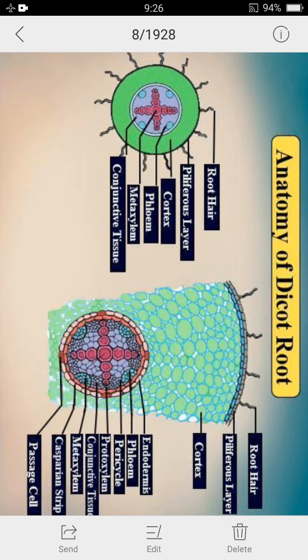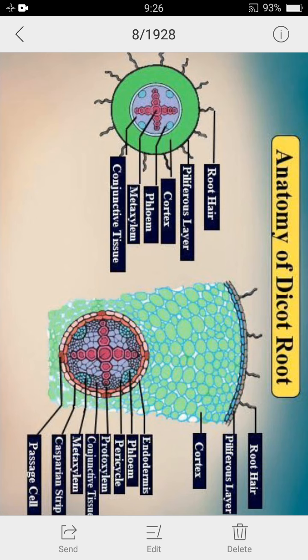It comprises a single layer of barrel-shaped cells without any intercellular spaces. In the cortex, the inner layer which is light pinkish in color is nothing but endodermis, the innermost layer of the cortex. It comprises a single layer of barrel-shaped cells without any intercellular spaces.